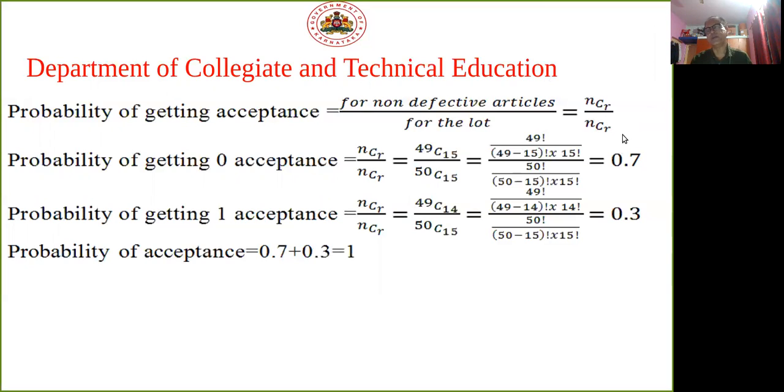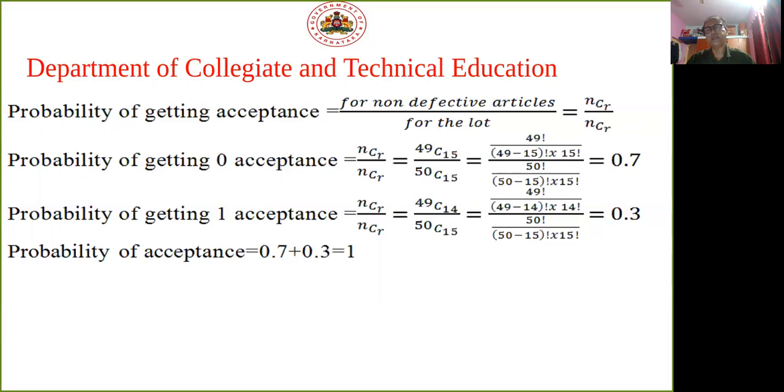So it means NCR for the non-defective articles, divided by NCR for the lot.